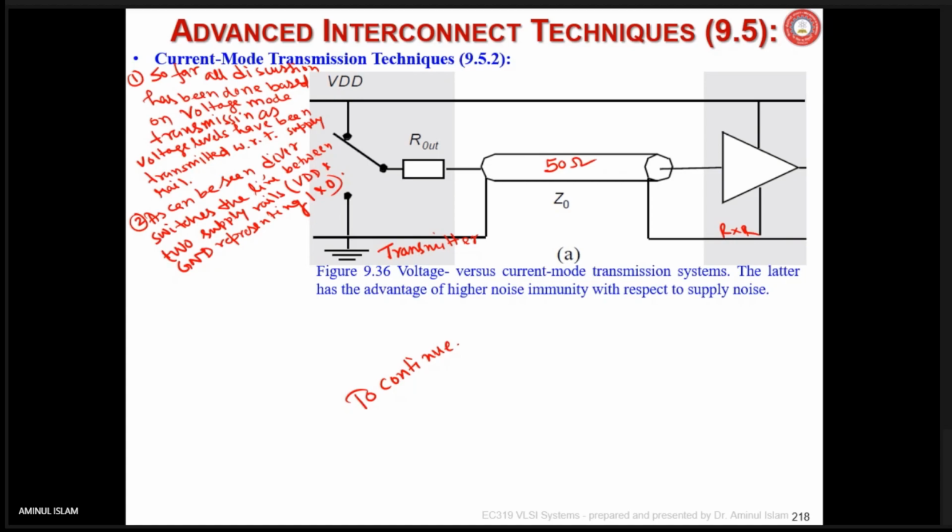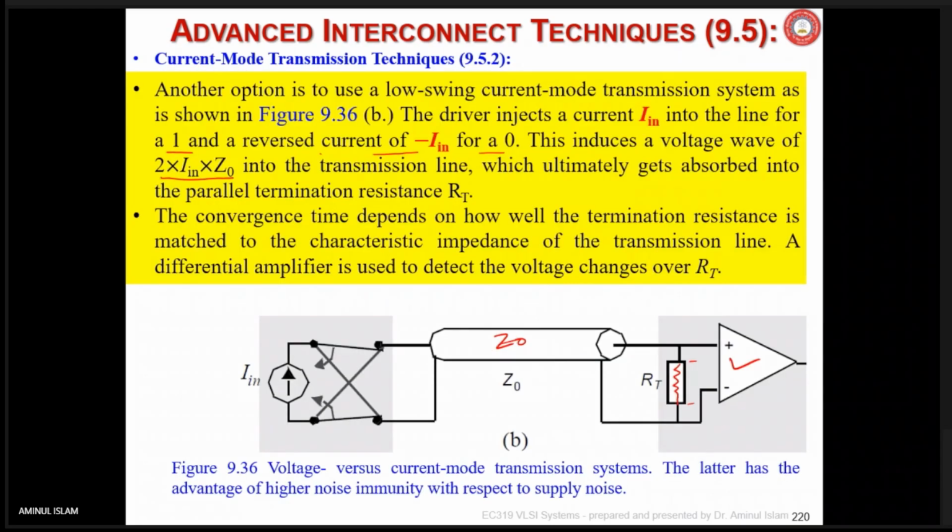As can be seen, the driver switches the line, meaning interconnects, between two supply values, VDD for 1 and VSS, or ground, for 0. And this you have seen earlier, so I'll continue from here onwards.